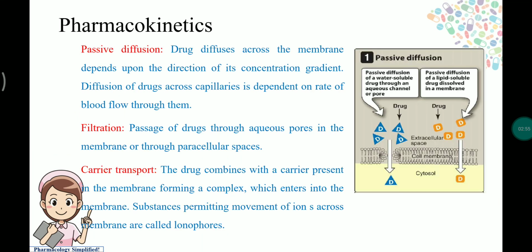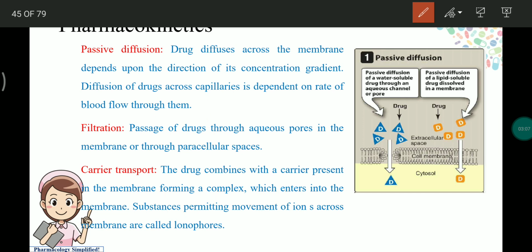Coming to passive diffusion. In passive diffusion the drug diffuses across the membrane and depends on its concentration gradient. For example, here we see the drug, and this is the cytosol, meaning the cytoplasm inside the cell, and this is the cell membrane.